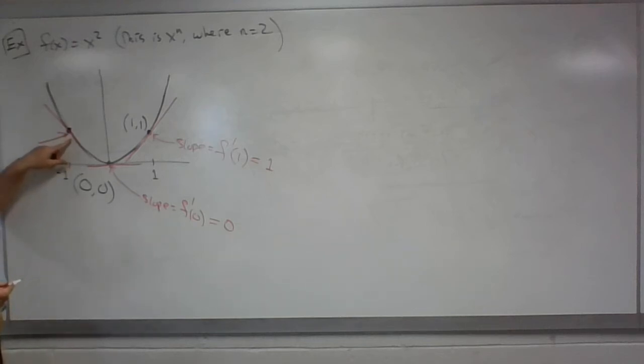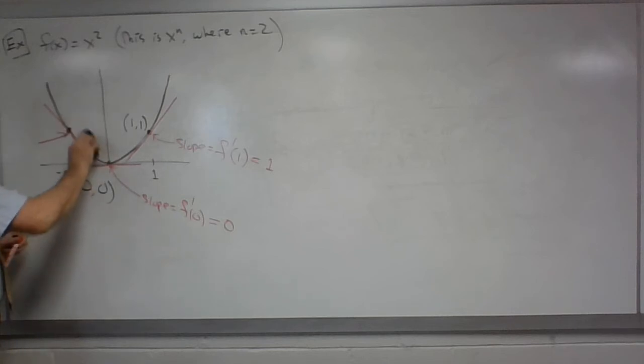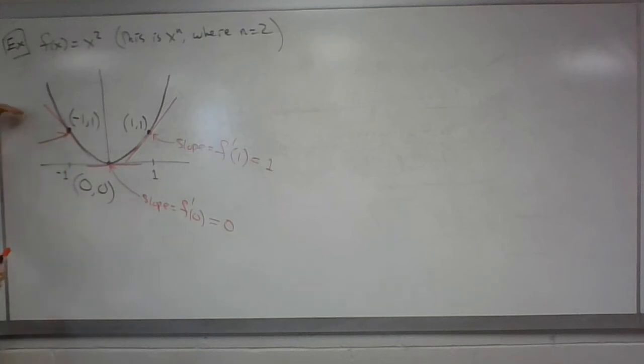Here the slope of this tangent is a 45-degree angle too, but it's a 45-degree angle going down, so the slope will be negative. So the slope is f prime of -1, which is -1.